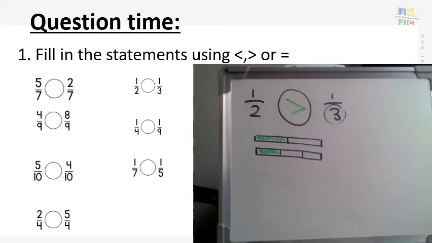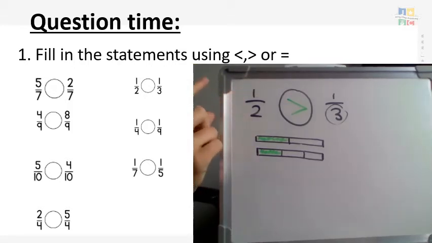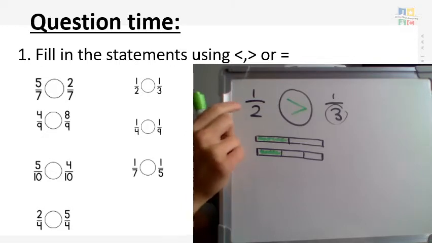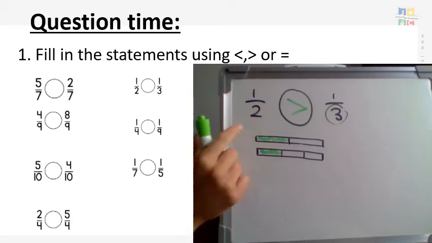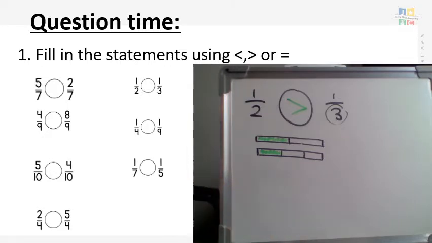So we can see that the rule would be, if the numerators are the same but the denominators are different, the smaller the denominator, the greater the amount, because it's a smaller number, so you'd have more of that part, you'd have more chocolate. So bearing that in mind, let's have a look at the next one to see if you got that one correct.